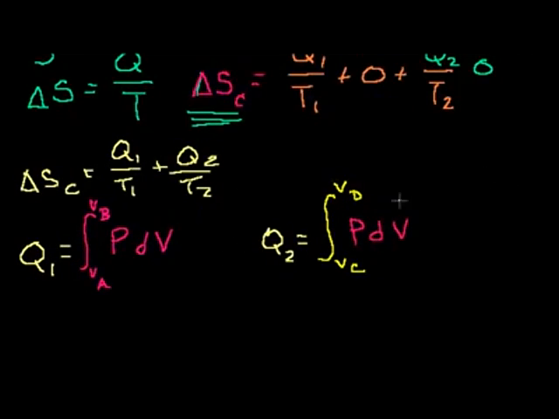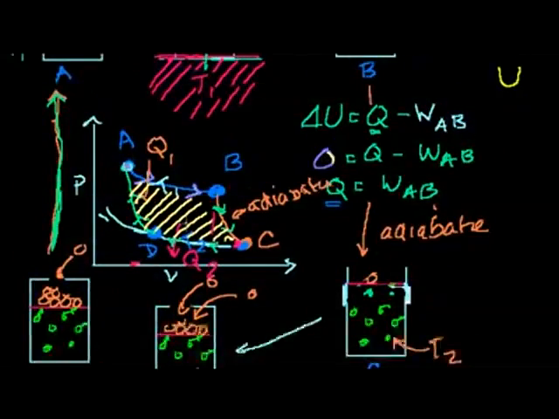Now, how can we evaluate these integrals? Well, we've done this before in a previous video. Both of these circumstances, when we go from A to B and when we go from C to D, occur on isotherms, right? So the only things that are changing are pressure and volume. Temperature is not changing.